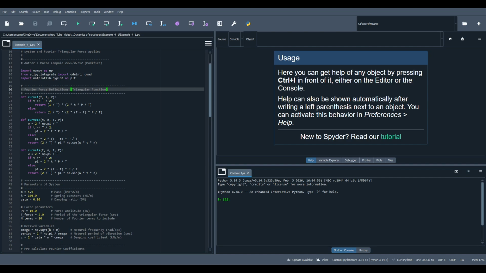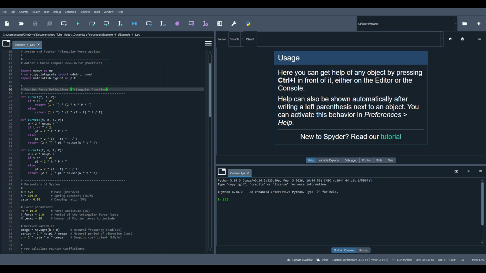Here we define a curve p1(t) as a function of time t, of period T, of the P. Define the function for the A0 term: if t is less than or equal to T divided by 2, check if the time is in the first half of the period, and return this value.